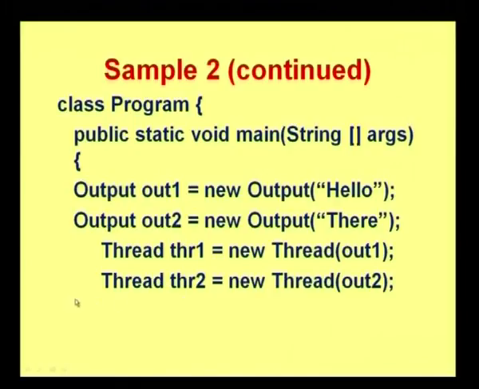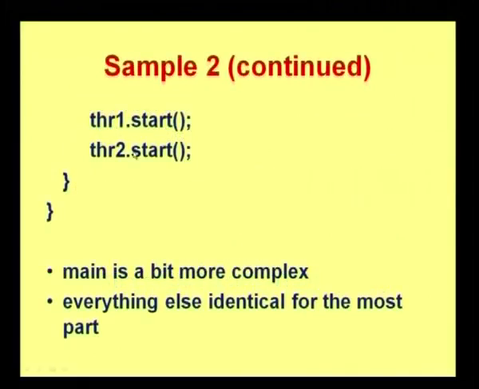Similarly, here you can see that there is another thread which is using the other object. Both of them have the run method, and this run method will be run from the particular thread instance that we have created. Now I can make the thread start.